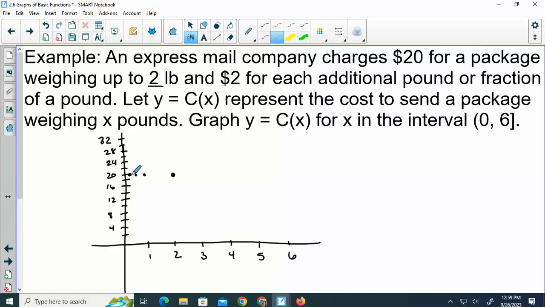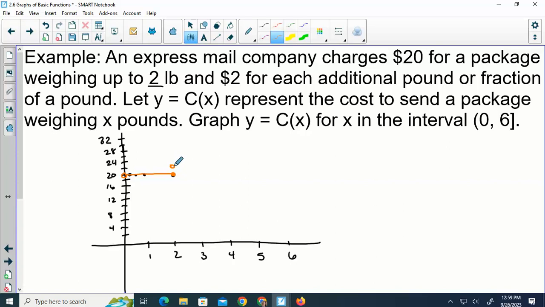So what we're going to have is an open circle to start it at 0, 20, and then this first step goes all the way out to 2. And then what happens once you hit 2.1 pounds? What happens to our cost? Goes up to $22. Okay, now if it's exactly 2 pounds, you're still down here at 20, but anything over that, we're jumping up.